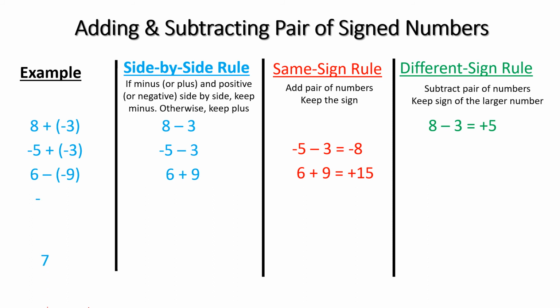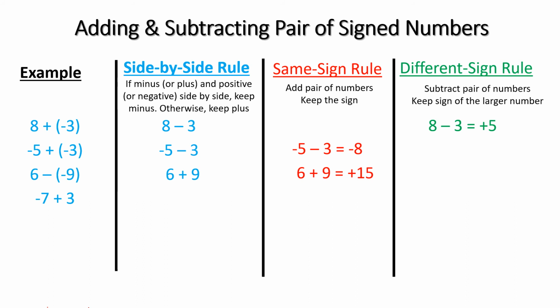Here's another example. We have the case of negative 7 plus 3. Here we do not have an operation and sign placed side by side. Therefore, we look at the last two columns.